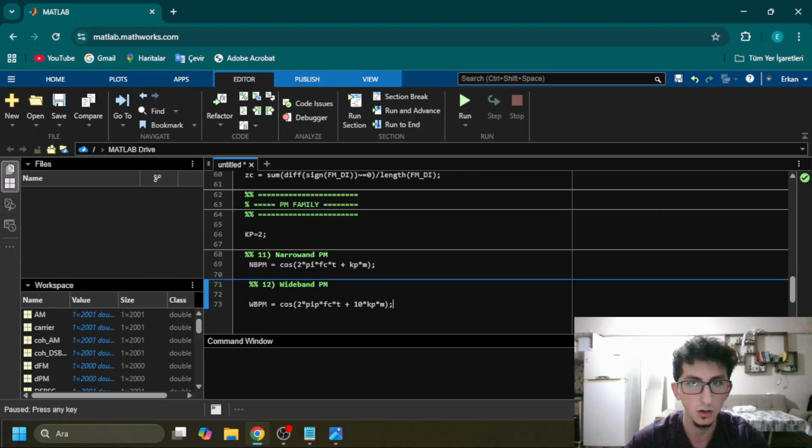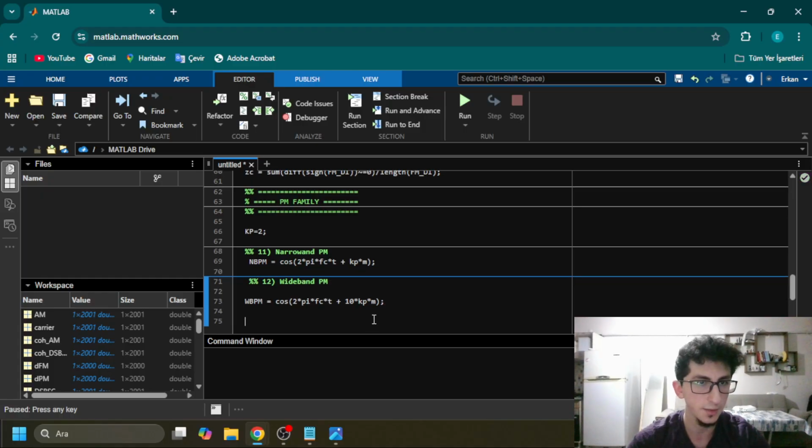So m is our, as I said, message signal, and let's check this code. Yeah, it's clear. So I'm gonna continue with the next step.